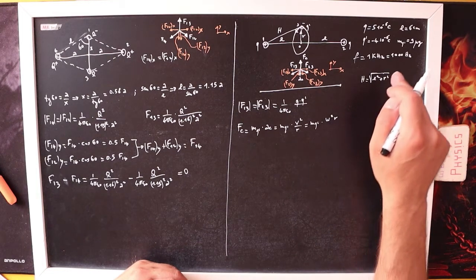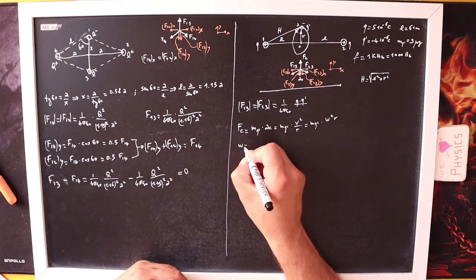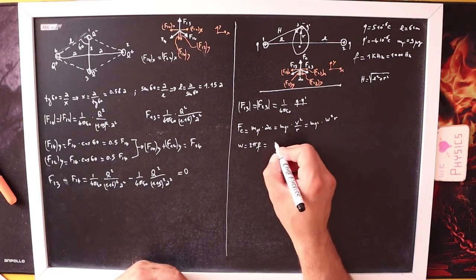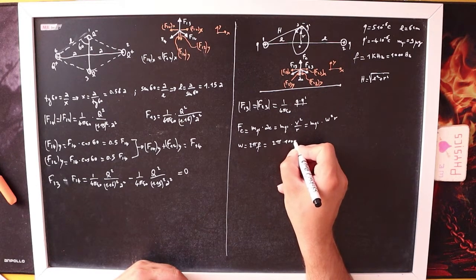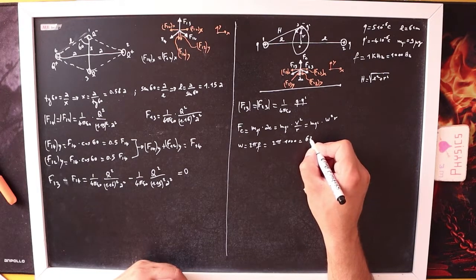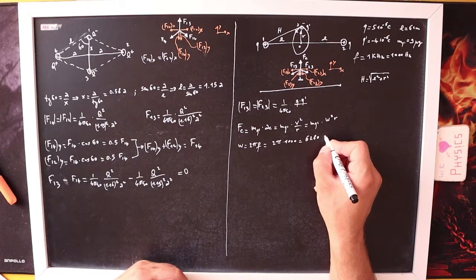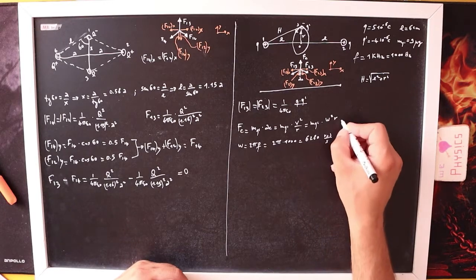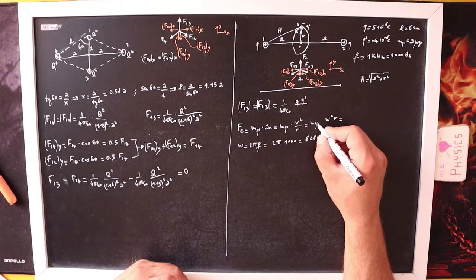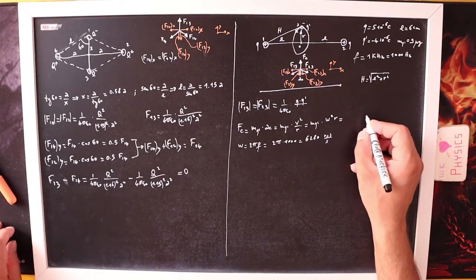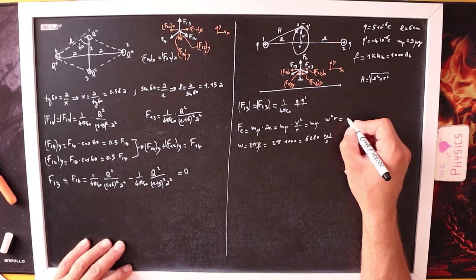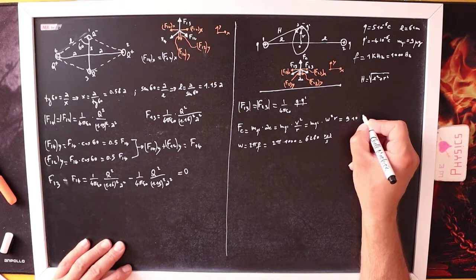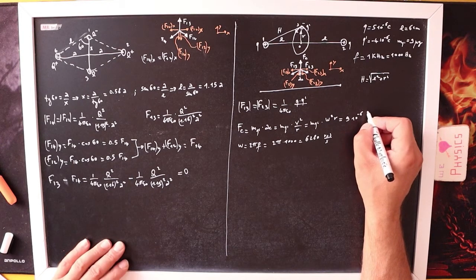Now, omega is connected to the frequency. Omega is equal to 2 pi times the frequency, so 2 pi multiplied by 1,000, which is 6280 radians per second. This is omega. Here we have m q prime, which is 9 micrograms. 9 micrograms is 9 to the power of minus 6 grams.